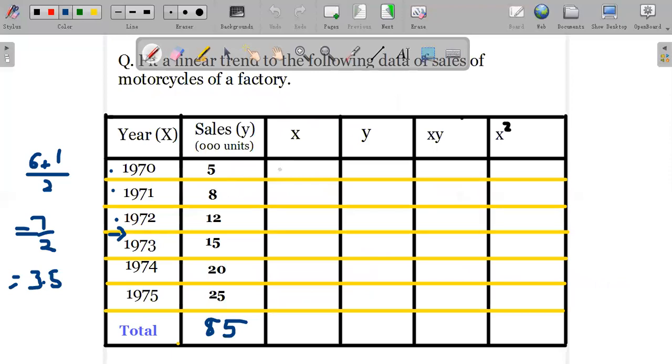I'll solve it directly through my calculator, and you can solve it yourself through your calculator, no issue. Now I'm going quickly. So minus 5, minus 3, minus 1.